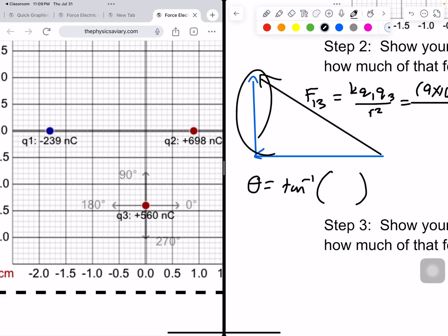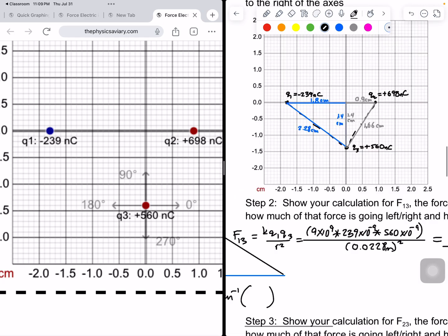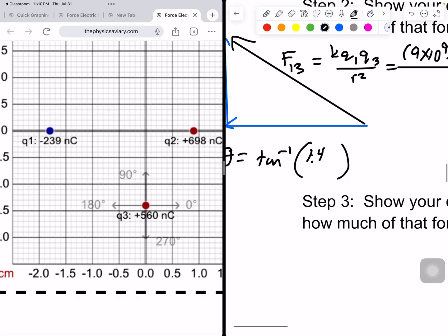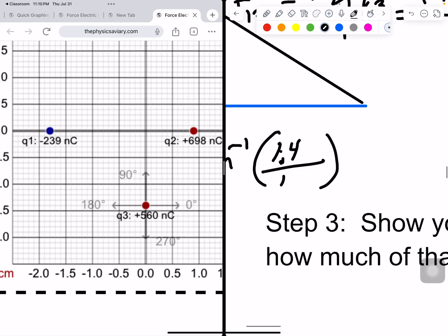Well, the y component distance is, let's see, 1.4 over the horizontal component, which is 1.8. So if I take the arctangent of 1.4 over 1.8, I get about, this angle here is about 37.9 degrees. Okay, so that's my angle.